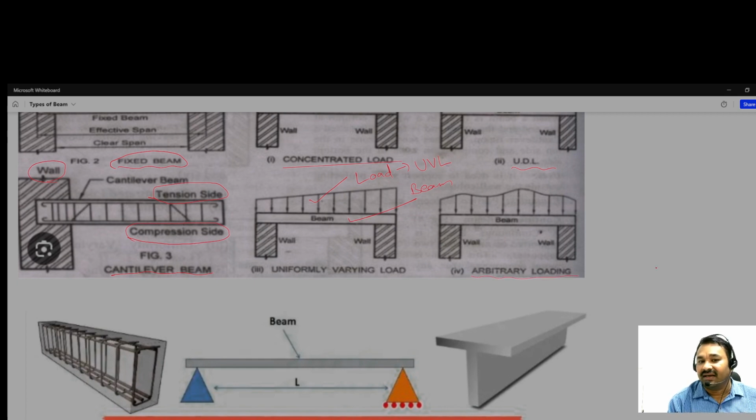It is not necessary that always there may be a point load or a uniformly distributed load, uniformly varying load. कुछ loads आप देख सकते हैं, this is the beam and this wall 1, wall 2, these two are supports, and see how the load intensity is varying. ठीक है, so that's why it is arbitrary, means irregular. कहीं पे देखिए intensity is increasing, then again decreasing, increasing, decreasing, like that.